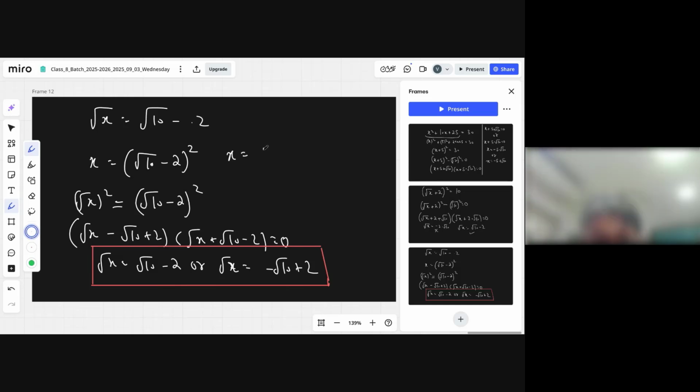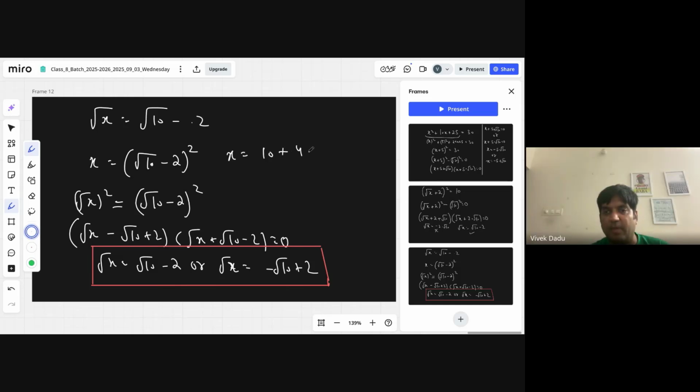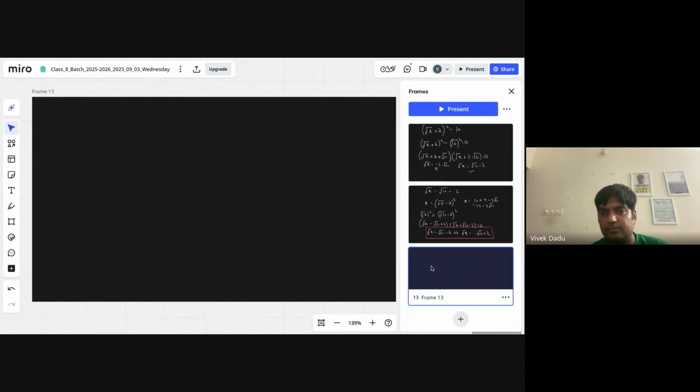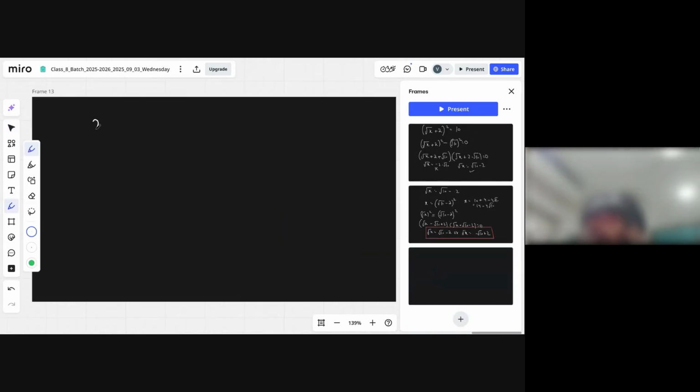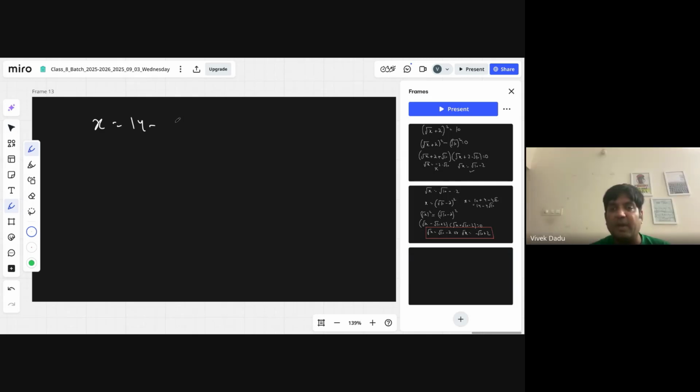So x is equal to 10 plus 4 minus 4 root 10, which is 14 minus 4 root 10. So x is equal to 14 minus 4 root 10 is answer to which two equations?